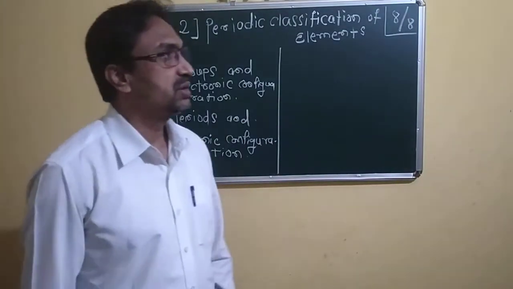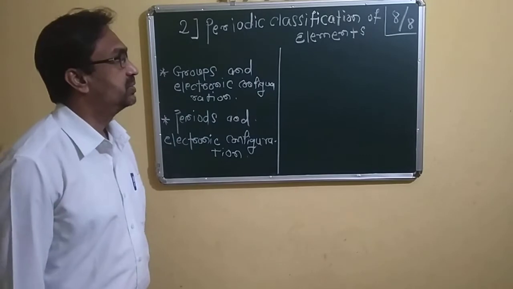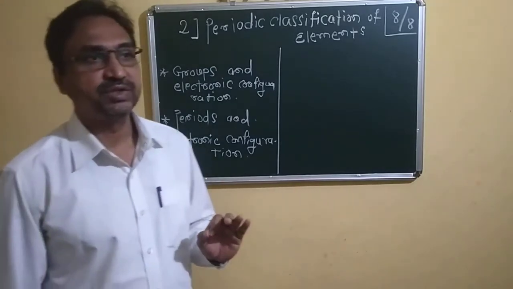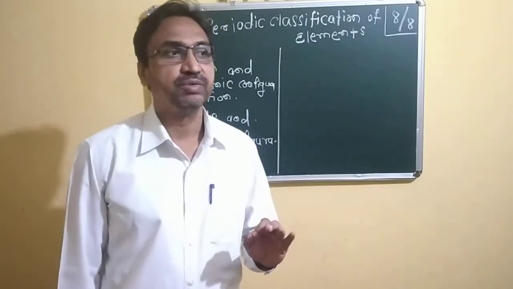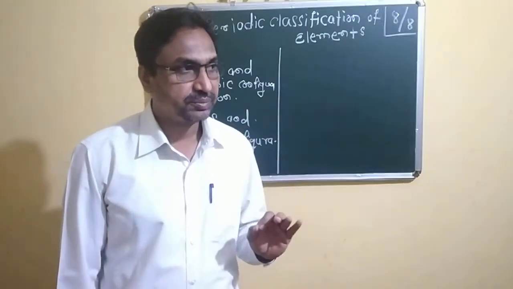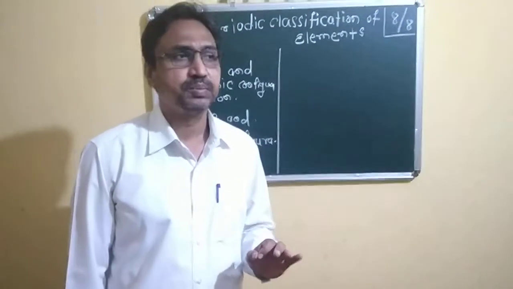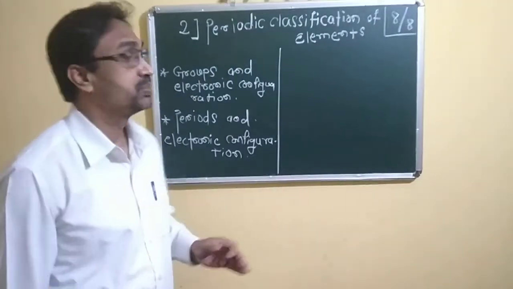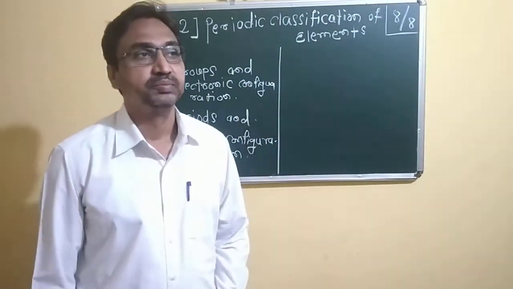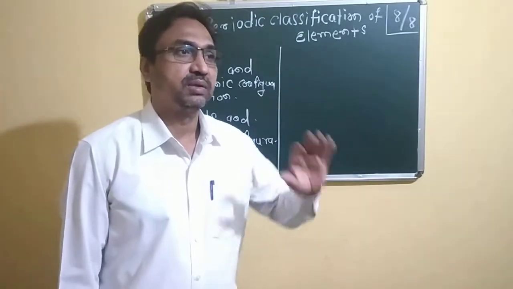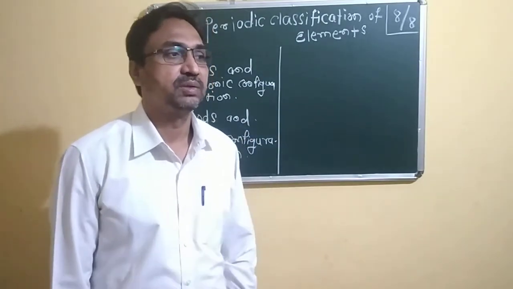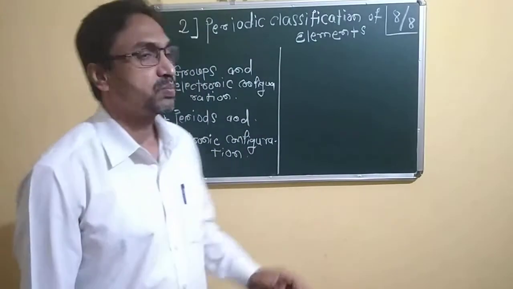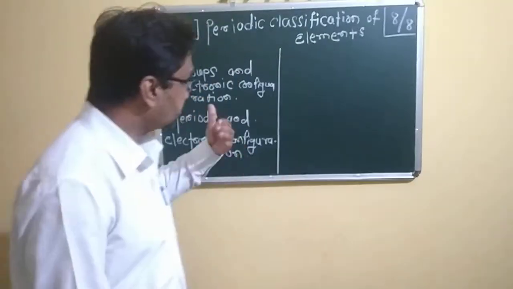So in the last chapter we have studied Döbereiner's triads, Newlands' octaves, Mendeleev's periodic table. After that, Henry Moseley's modern periodic table that we have studied here. The basis of the first three scientists' work was atomic masses.